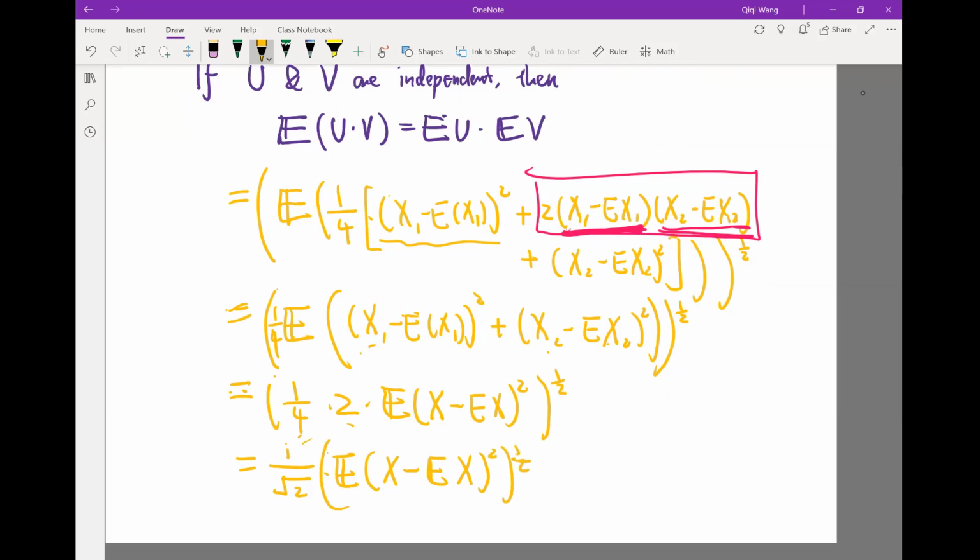So this is the standard deviation. Which means by adding 2 samples as opposed to 1 sample, I have reduced the standard error by a factor of 1 over square root of 2.